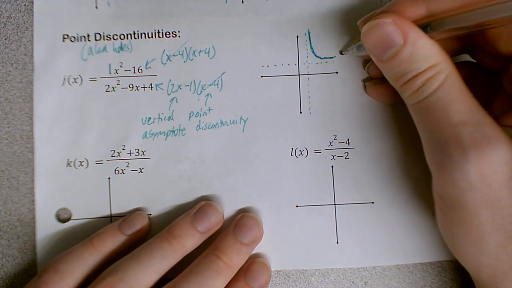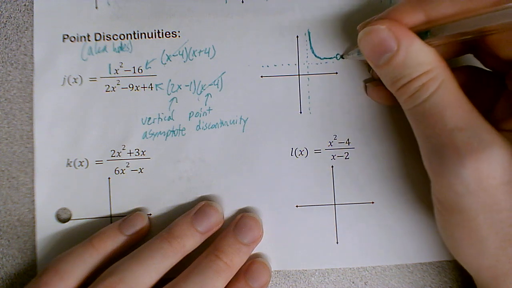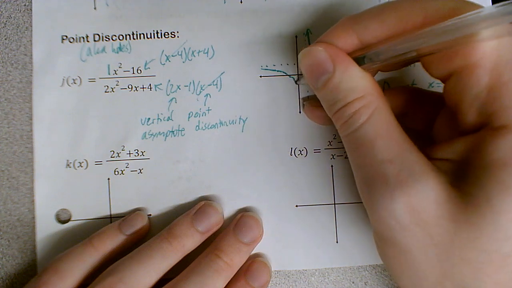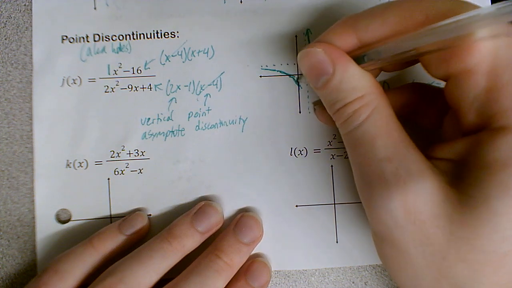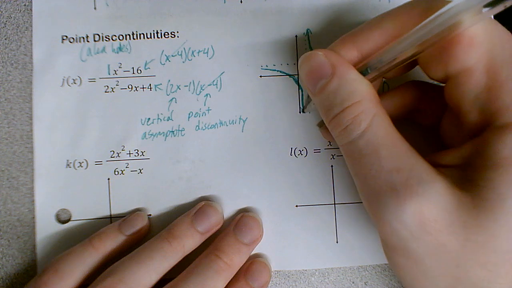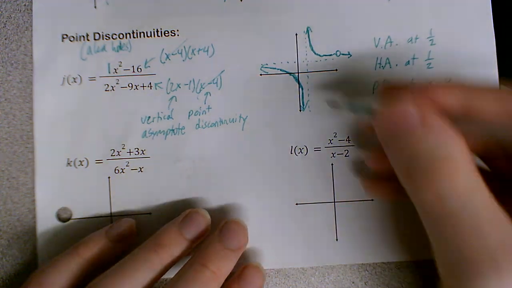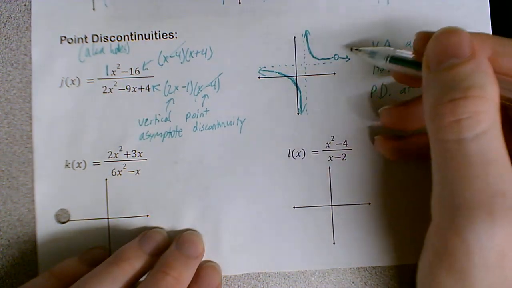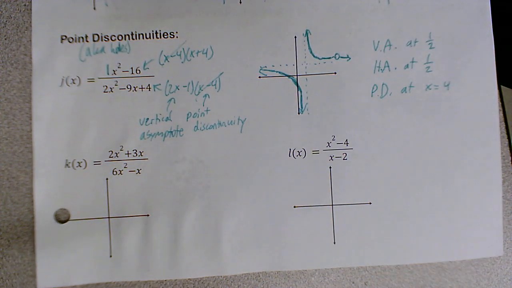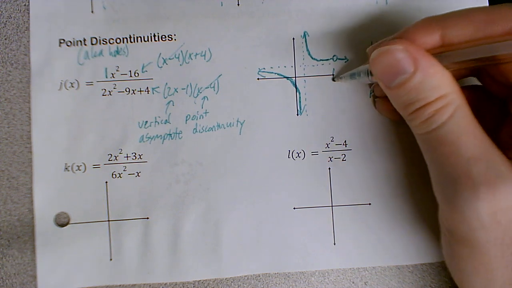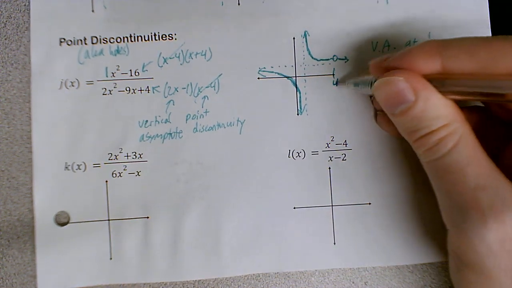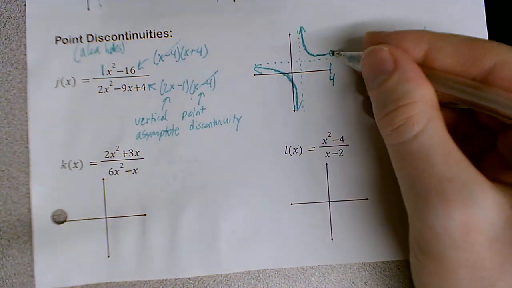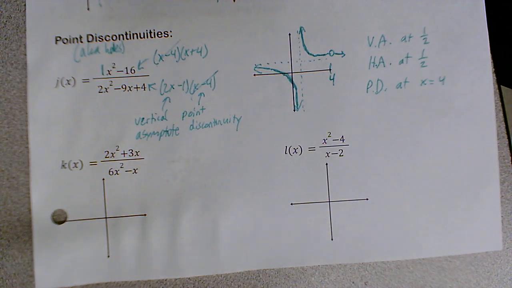But over at 4, there's a hole in it. So this is actually the graph of x plus 4 over 2x minus 1, but with a hole in it. And that hole is at the x value of 4. There's a hole in the graph, a single discontinuity where the graph is undefined at that one specific point.